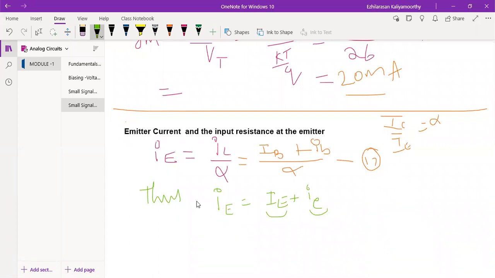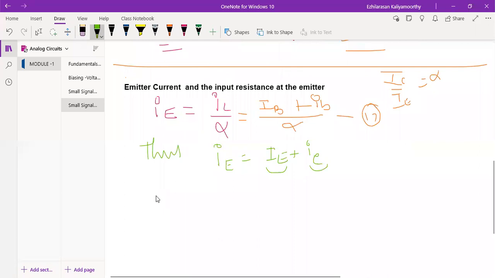Now, simply from this I can say IE is equal to what? Capital IE is equal to IC by alpha, because we know this already. There is a relation: IE is equal to IC by alpha.